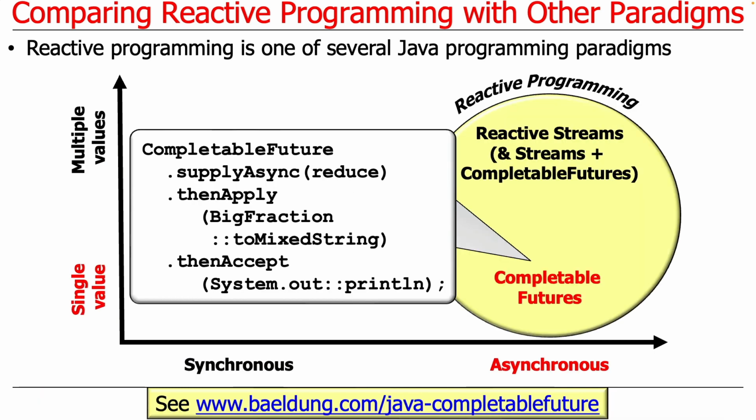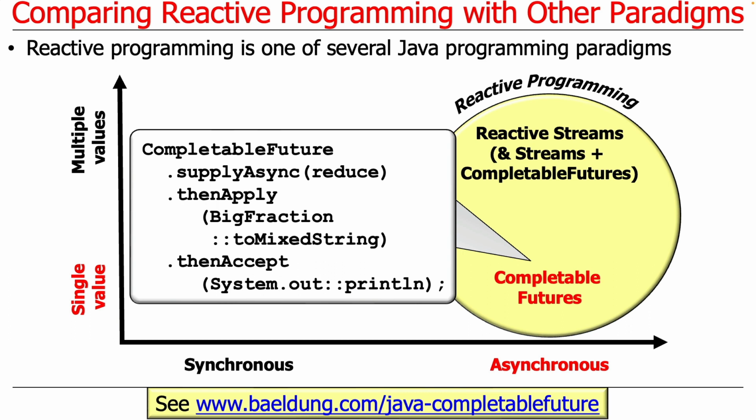Another model, which was also popularized when Java 8 came out in the 2014 timeframe, is completable futures, where we still have a single value. We get back a completable future, just one of them, but now we can do our computations asynchronously. And so you can create asynchronous computations by registering actions that will run in some background thread in a pool, for example.